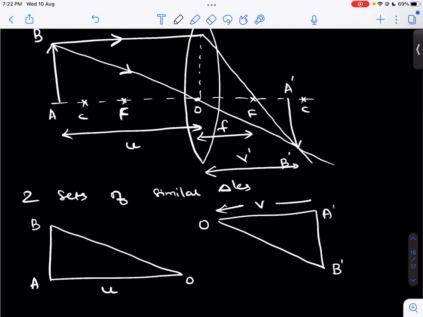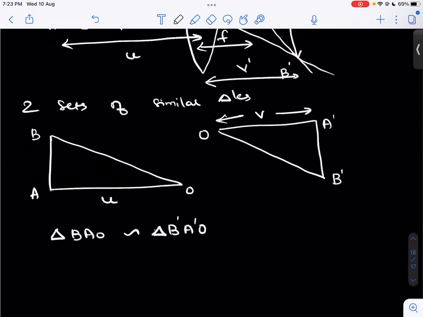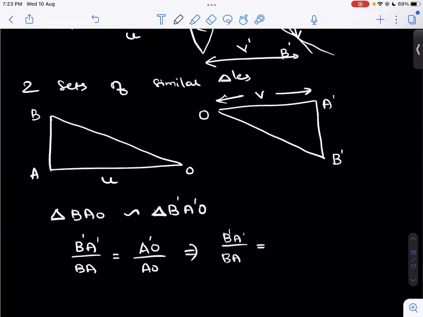Now this distance will be v. So what we can conclude is triangle BAO is similar to triangle B dash A dash O. Then we can write B dash A dash divided by BA is equal to A dash O divided by AO, which implies B dash A dash divided by BA is equal to, what is A dash O?